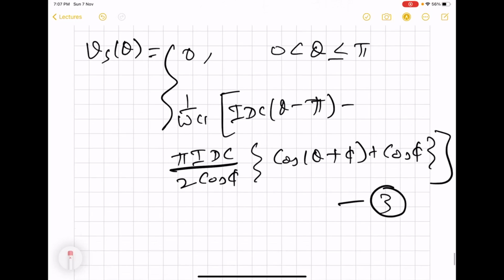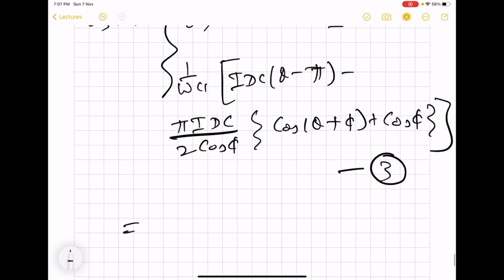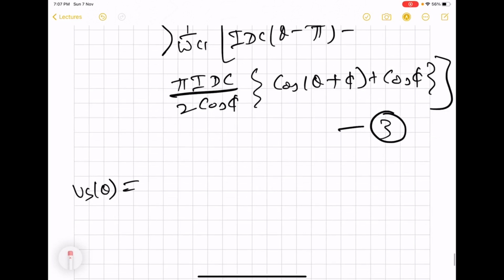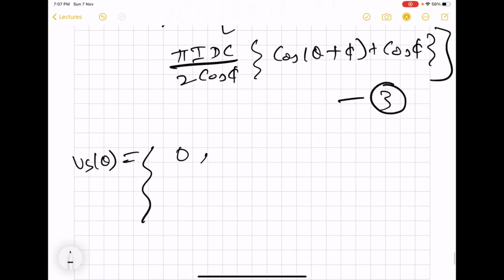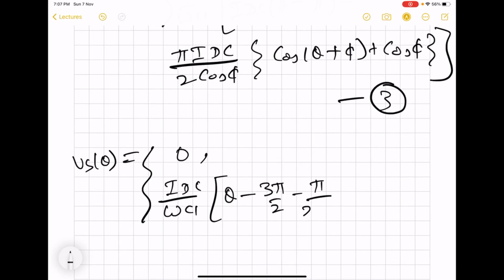So one can simplify this to get an expression like this: 0 for the first half and then IDC by omega C1 into theta minus 3 pi by 2 minus pi by 2 cos phi into cos theta plus phi.